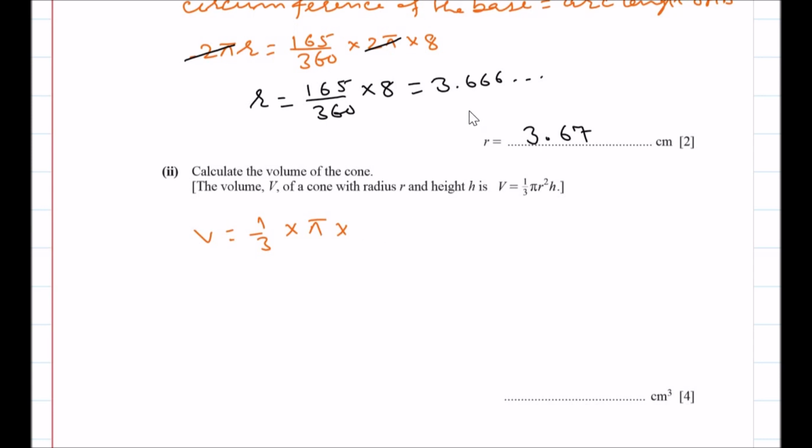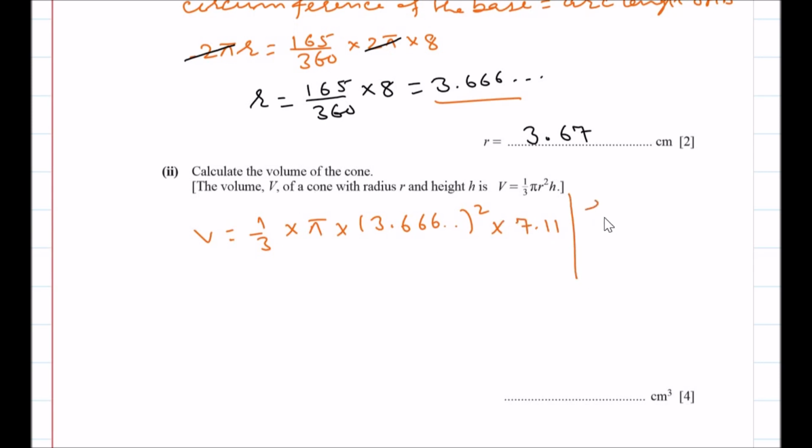R, we will not take the rounded value, we will take this value from here, 3.666 and so on square into h.